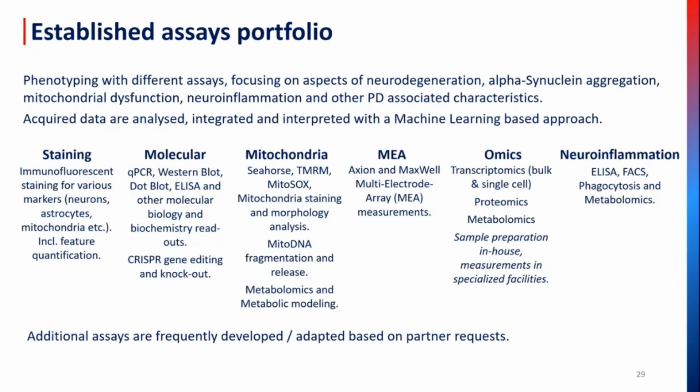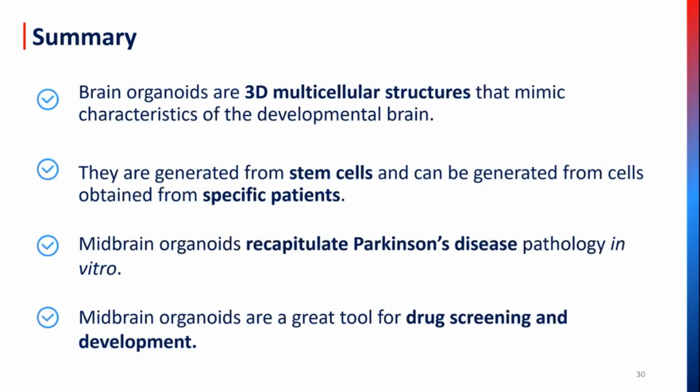And these are all the different assays and techniques that we are able to apply to the midbrain organoids and assembloids to study neurodegenerative disorders, mostly Parkinson's disease, but not exclusively. And all in all, I hope that I could convey the following take-home messages about what brain organoids are: a concept of 3-dimensional cellular structures that mimic the early brain, that we can make patient-specific thanks to the availability of stem cells.